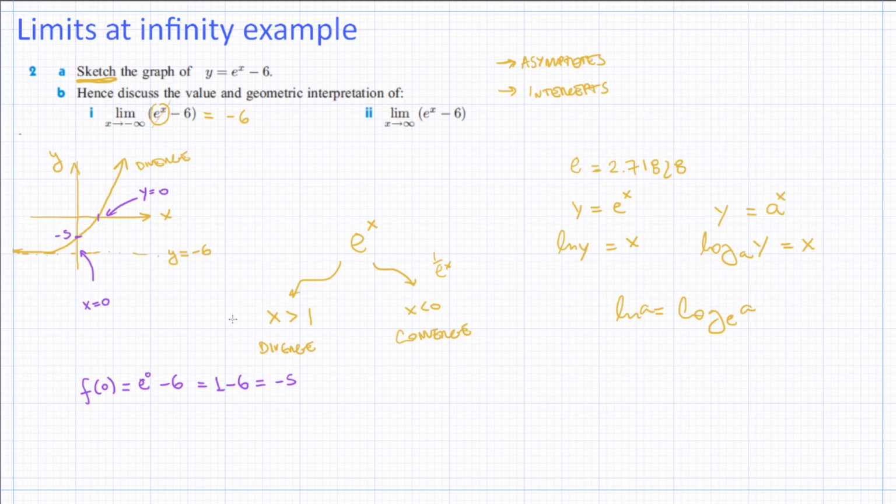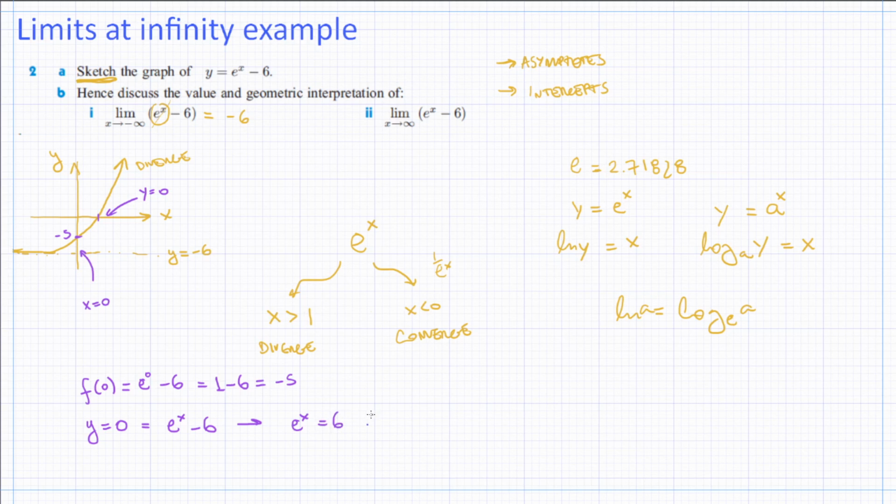Now how do we find our x-intercept? Y is going to be 0. Okay, so y equals 0, which is equal to e to the power of x minus 6. So if we rearrange this, we should get e to the power of x equals 6.